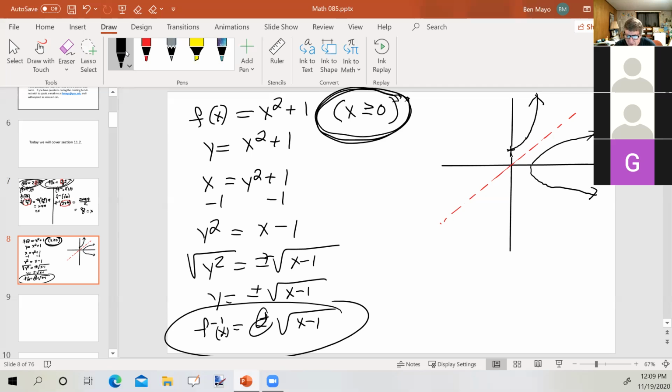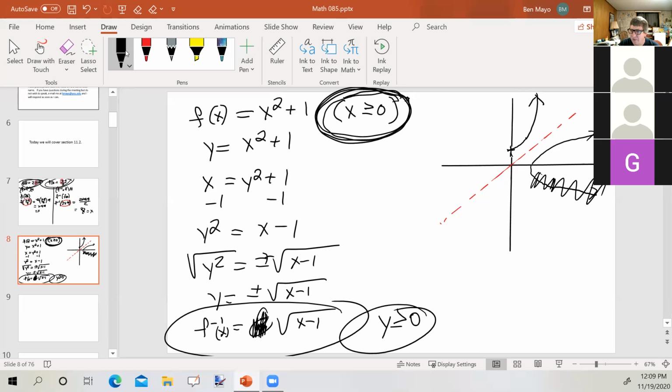Yes. Okay, so if the domain of the function has that restriction, then the range of the inverse has that restriction, which means y has to be greater than or equal to 0, which means this piece, which is the minus, doesn't exist. Now we have our symmetry about the line y equals x.